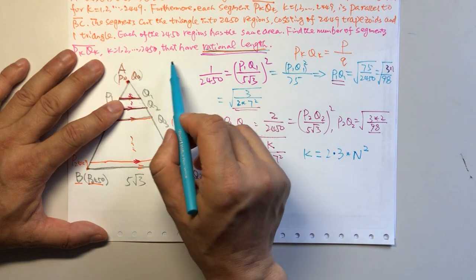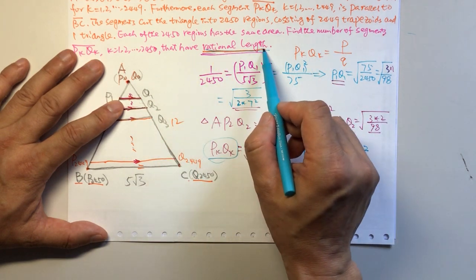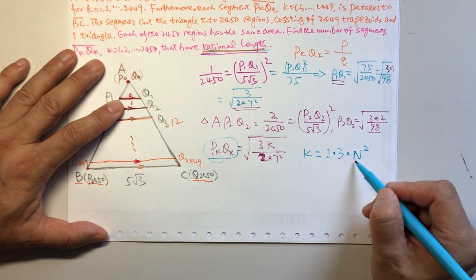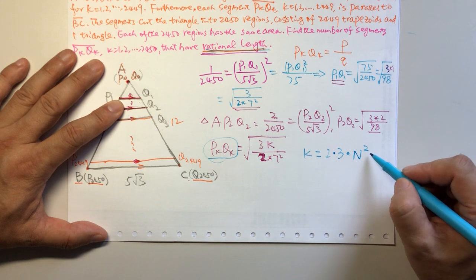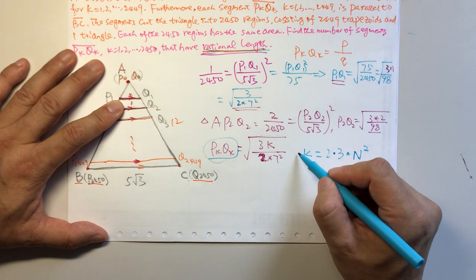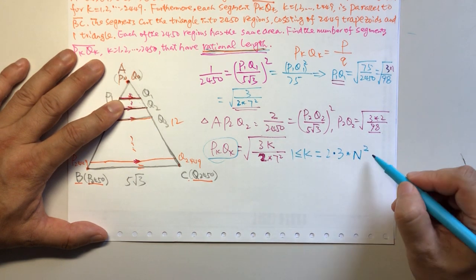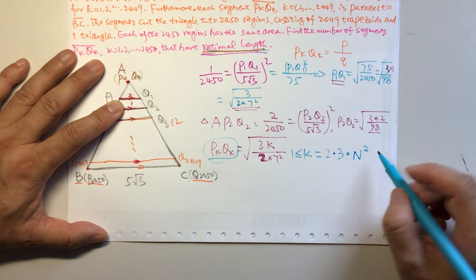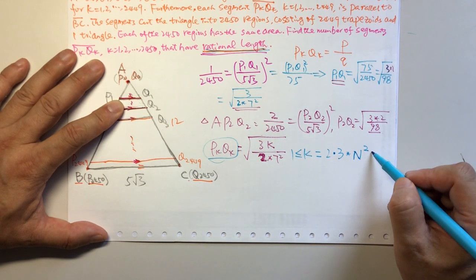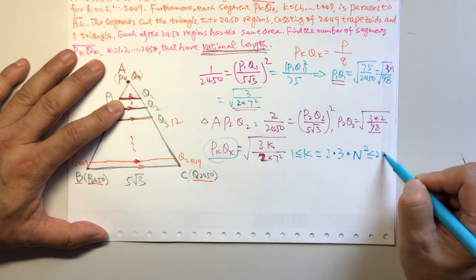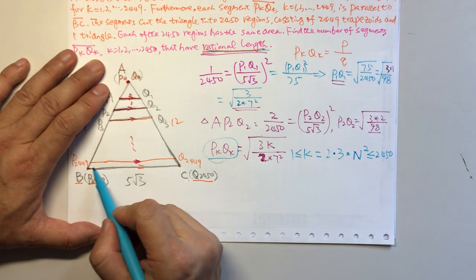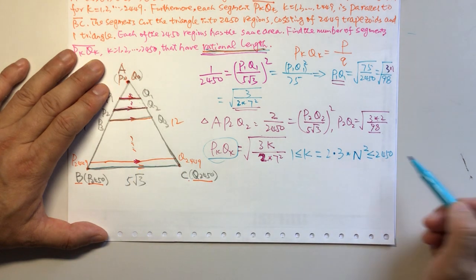So how many segments have rational length depends on how many n satisfy k greater than or equal to 1 and less than or equal to 2450, where k equals 6n squared.